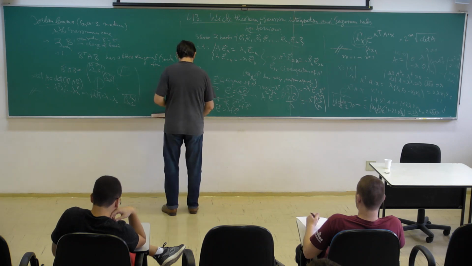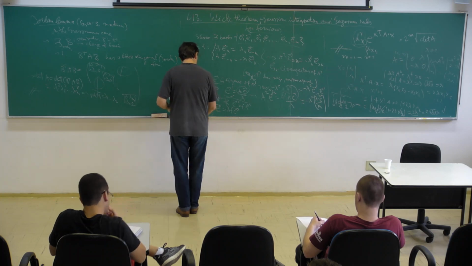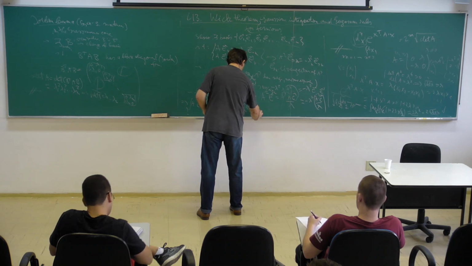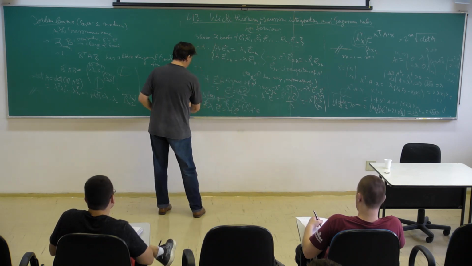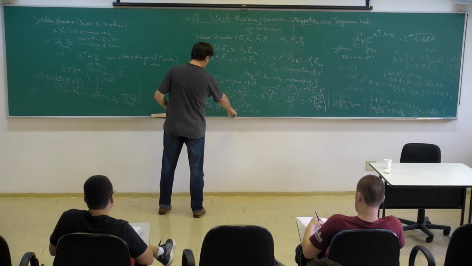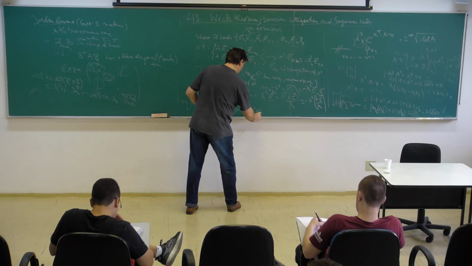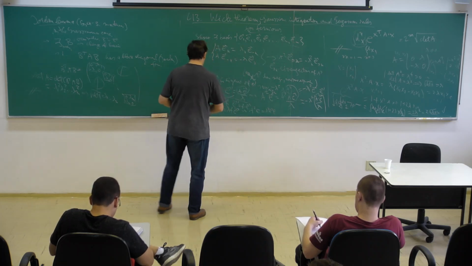But on the other hand, applying it twice, I will get that A squared E, and then I apply that AE is lambda, again lambda FE, so this would be lambda squared F squared E on one hand.